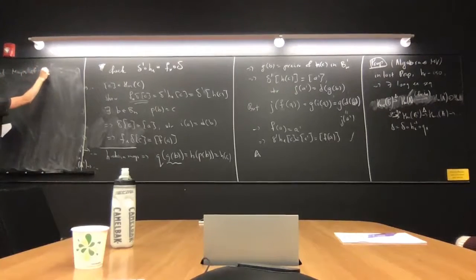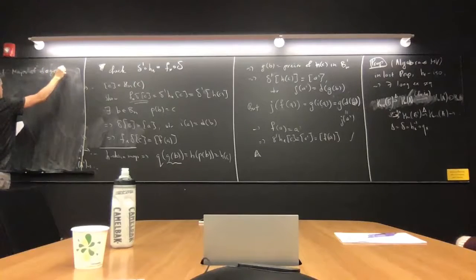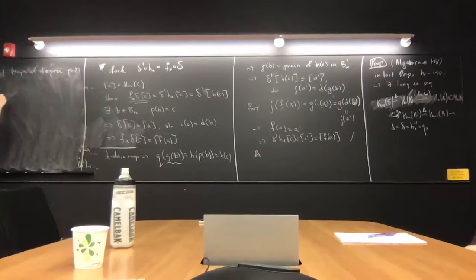Okay, so first of all, let me define maps of degree P. This is just a map between two chain complexes such that each Sn goes from Cn into D(n+P).